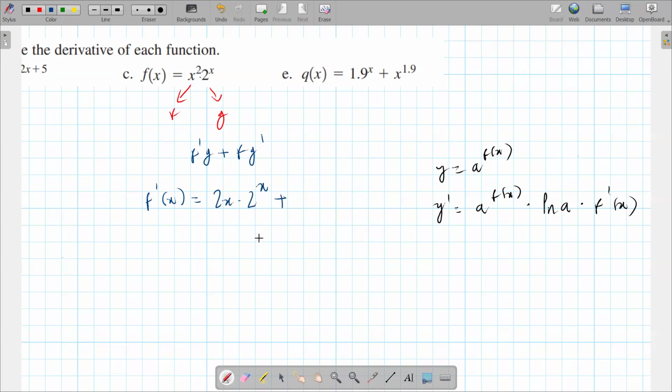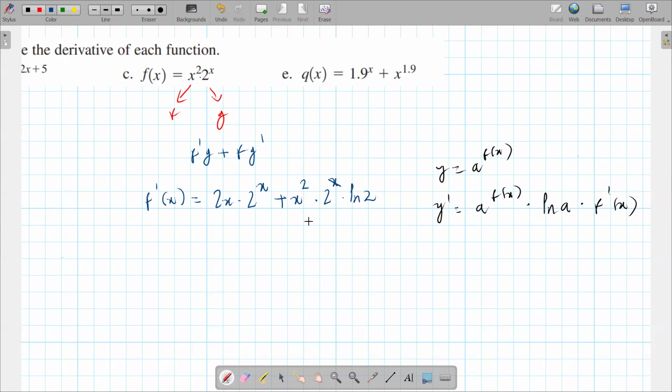And then F as it is, so x squared. What's G prime here? It's just going to be itself, and then ln of 2.